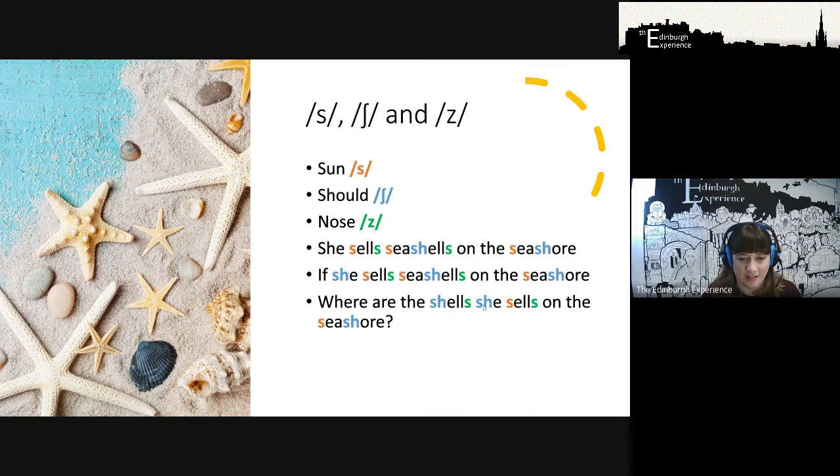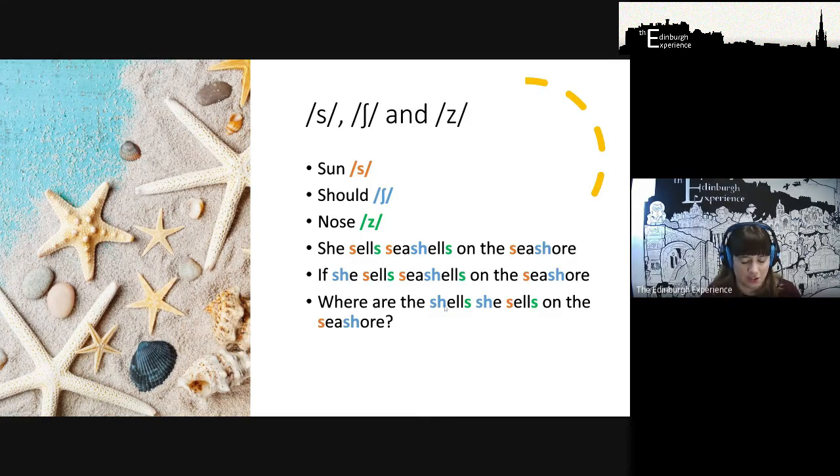Where are the shells she sells on the seashore? Okay, I'm going to say all of it together, and you can say it with me, right? She sells seashells on the seashore. If she sells seashells on the seashore, where are the shells she sells on the seashore?